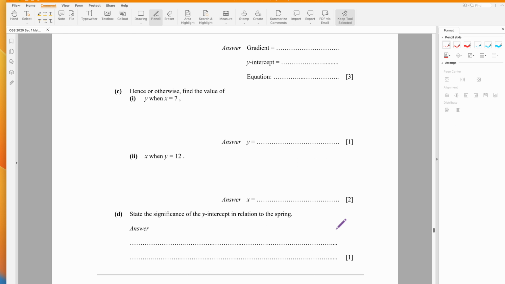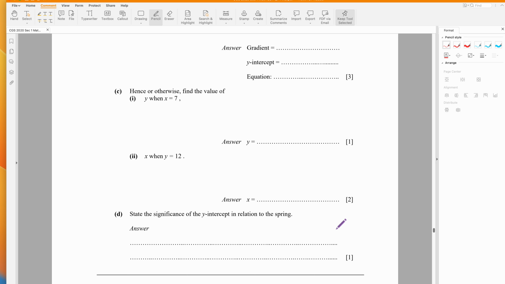Oh, okay, I get it. Another example: where is your x equals 7? This is your x equals 7. Of course you use a dotted line. Your x equals 7 is everything here, and where it cuts the graph is here. That's why you read here. If they ask you for x equals minus 1, you don't have that.